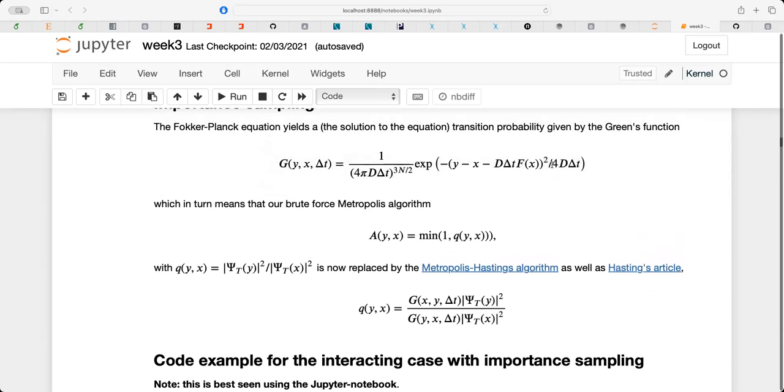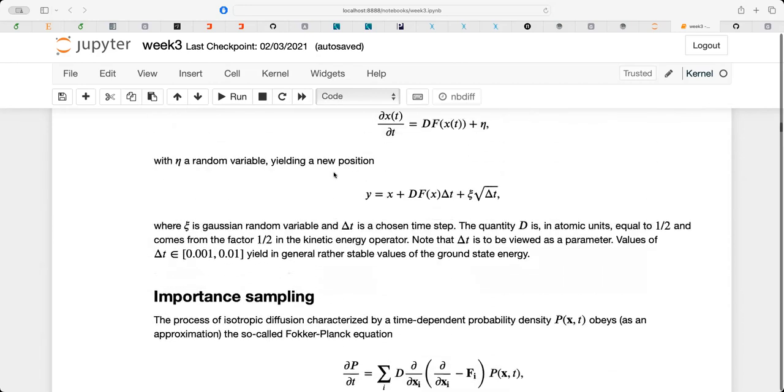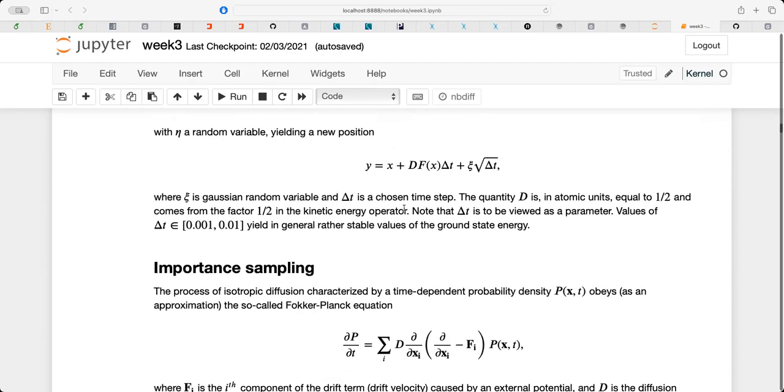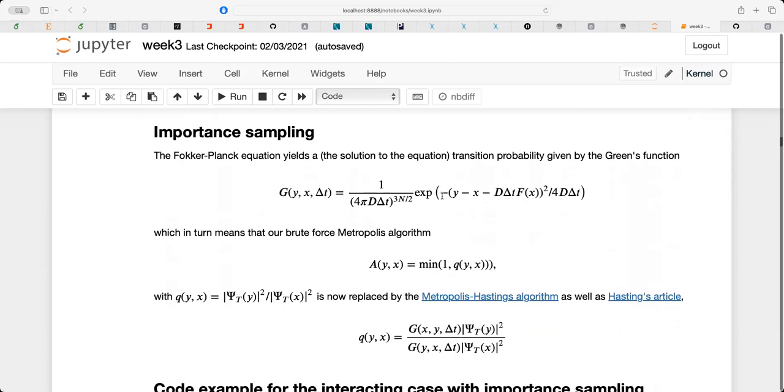Now, if I don't have this quantum force, so if you put this F to 0, then you can actually find the Green's function for the plain diffusion process. And the Green's function for the plain diffusion process is given by minus (y minus x) squared.